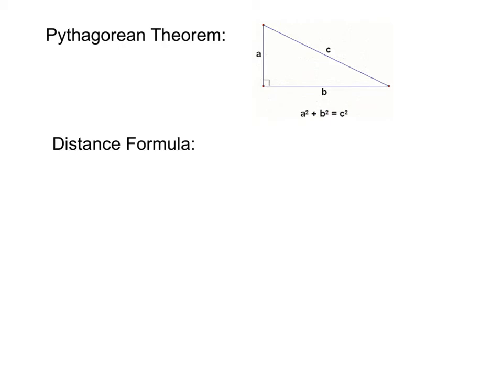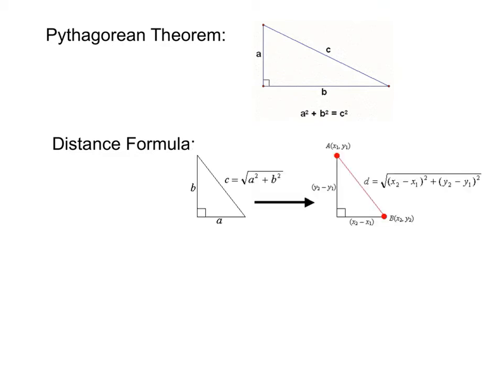Now the next is the distance formula. The distance formula is how you calculate the distance between any 2 points in the Cartesian plane or rectangular coordinate system. As you can see, this is just an extension of the Pythagorean theorem. If we've got a right triangle, we know that the hypotenuse is equal to the square root of a squared plus b squared.